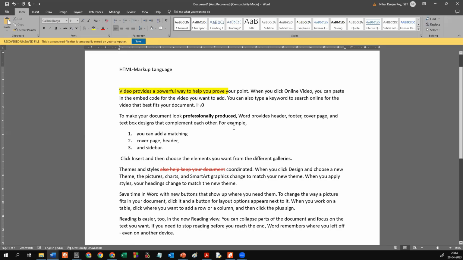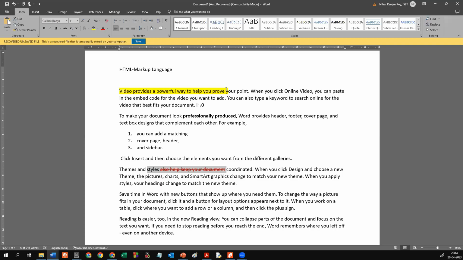Indirectly, I am marking the text from here to here, you highlight in yellow color. From here to here, you make the text bold. From here to here, you strike it through with red color. So these are my markers. This is the starting point, this is the ending point, and this is how it has to be displayed. Is it not marking?